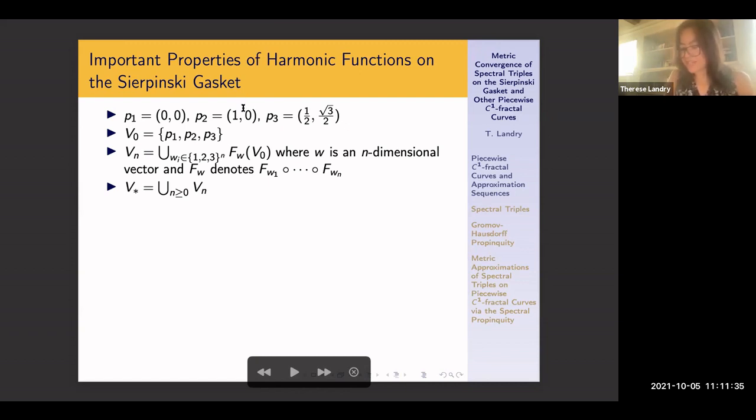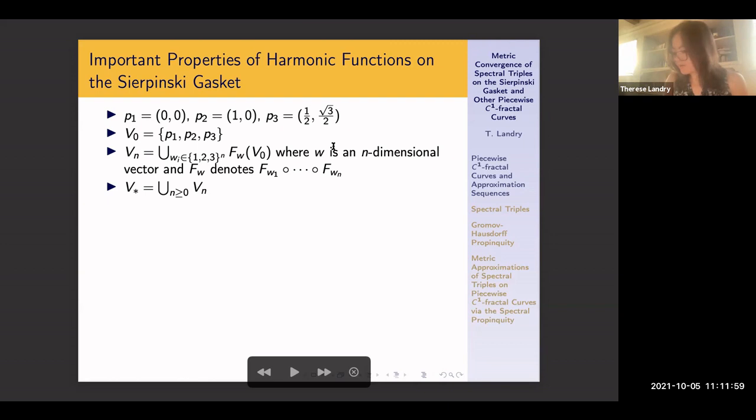And using the contraction mappings from the iterated function system construction of the Sierpinski gasket, any vertex can be written as the image of one of these 3 points under some n-fold composition of these contraction mappings. So that's what this vector encodes.